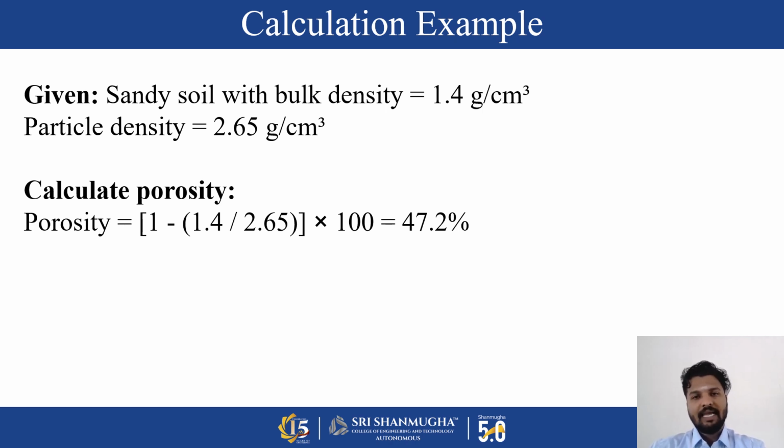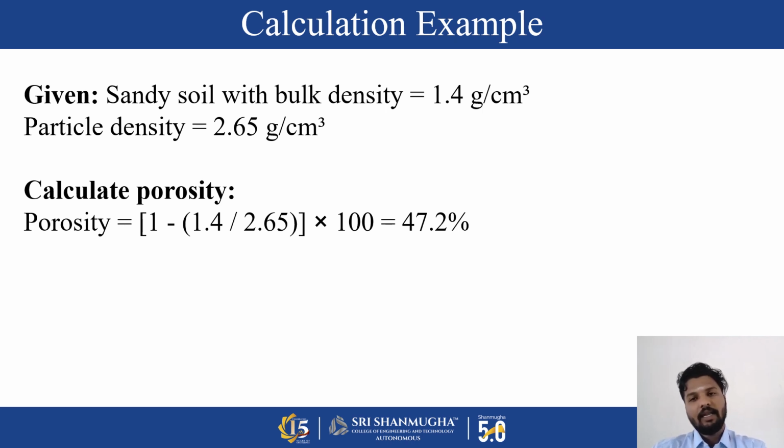The soil type is sandy soil, and the bulk density given is 1.4 gram per centimeter cube. Particle density is also given, that is 2.65 gram per centimeter cube. Here we are using the porosity formula: porosity in percentage is 1 minus bulk density divided by particle density, multiplied by 100.